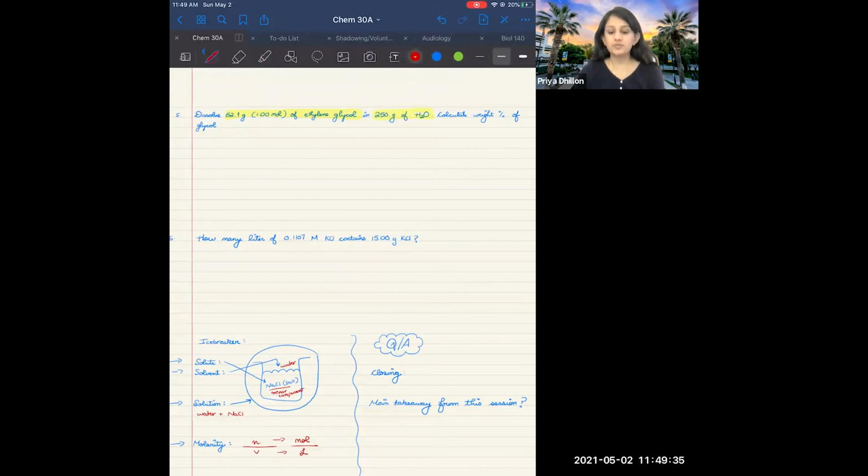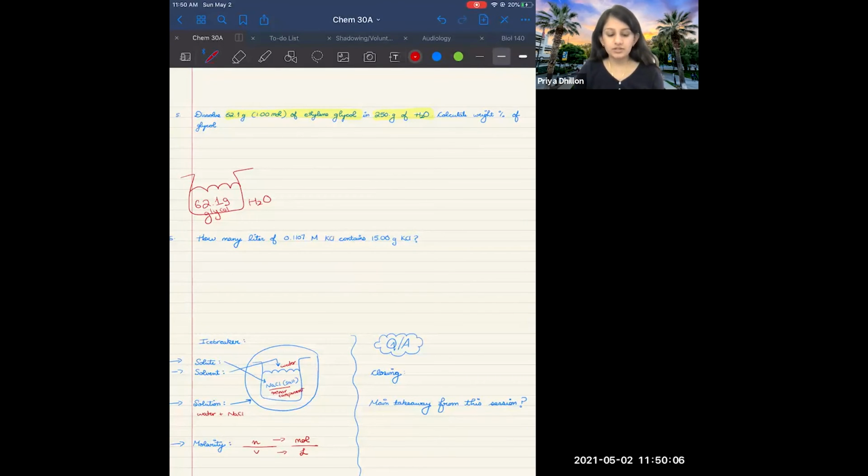So again, to put it into perspective, you have H2O, and then you have glycol ethylene. We don't really need to know the formula of it, so it's fine. You have this much of glycol ethylene. We'll just put glycol in the water. So make sure you know what is my solute, what is my solution.